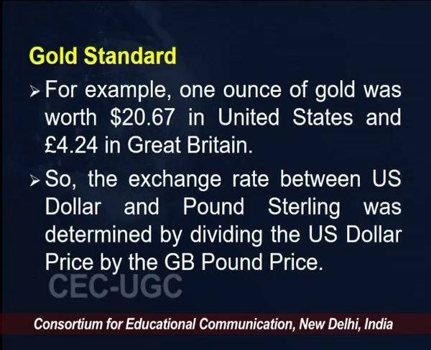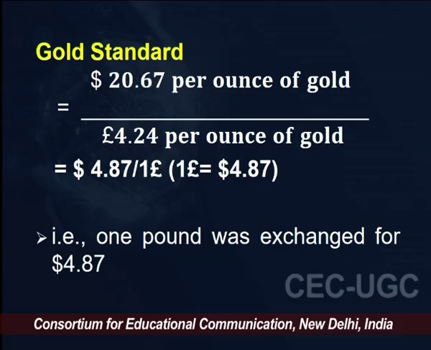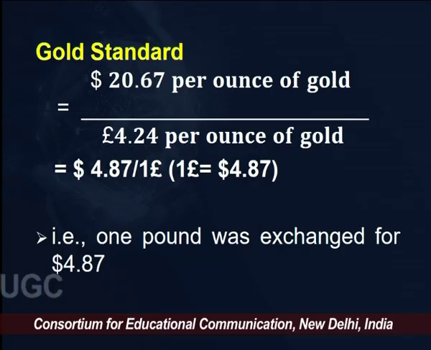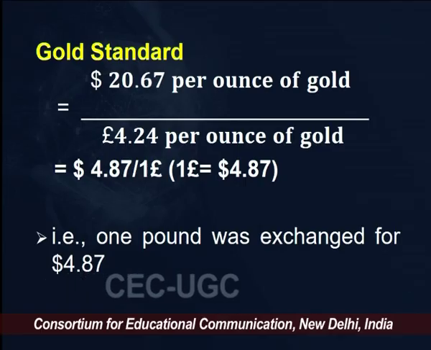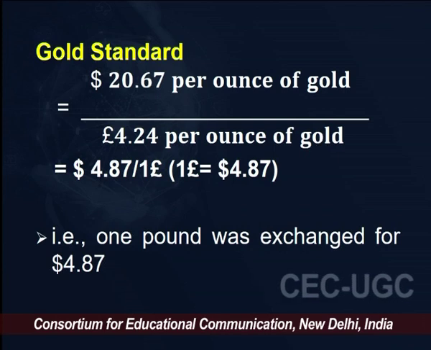Let us see how it happens. If we put the dollar price in the numerator and the pound price in the denominator, what do we find? $20.67 per ounce of gold divided by 4.24 pounds per ounce of gold.